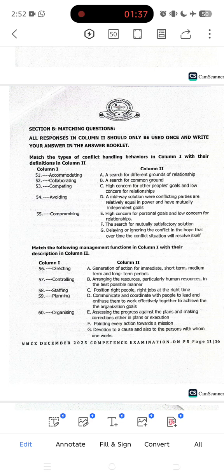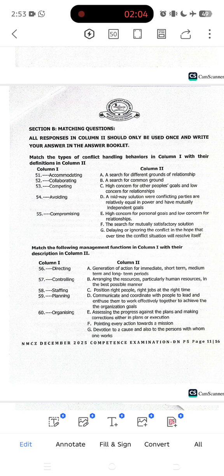Then you go to column 2, you say A, a search for different grounds of relationship. B, a search for common ground. C, high concern for other people's goals and low concern for relationships. D, a midway solution where conflicting parties are relatively equal in power and have mutually independent goals. E, high concern for personal goals and low concern for relationships.